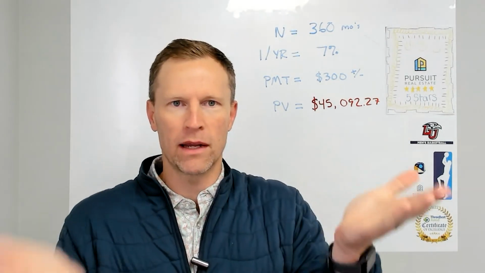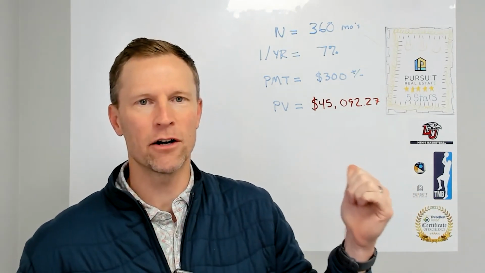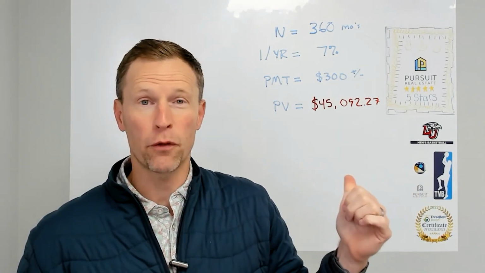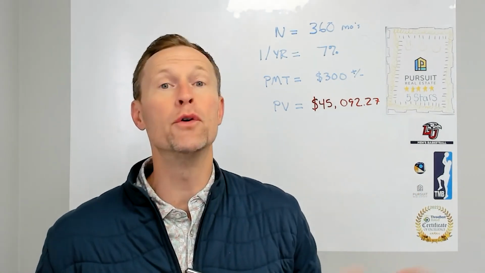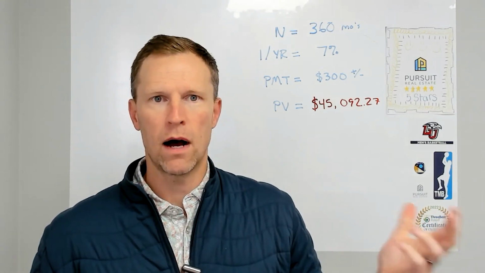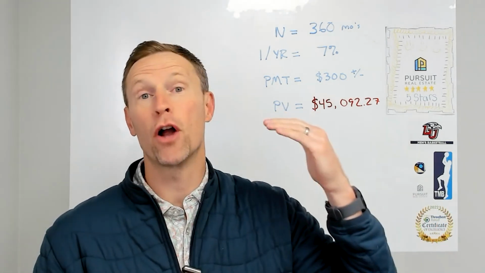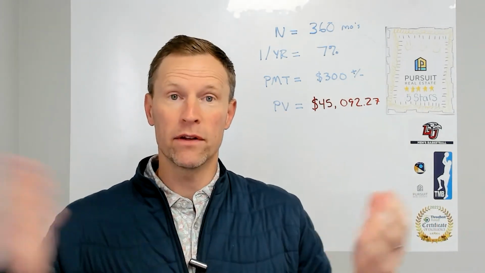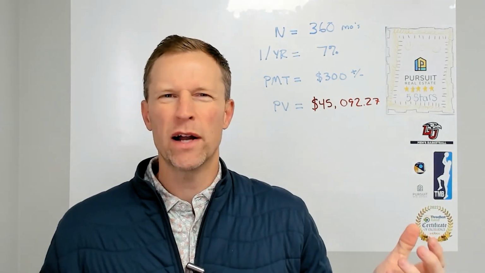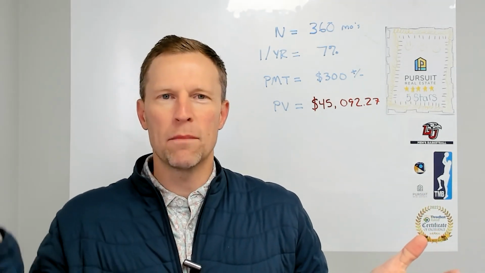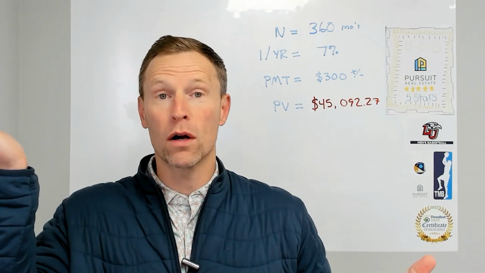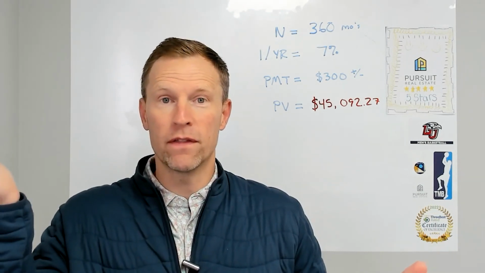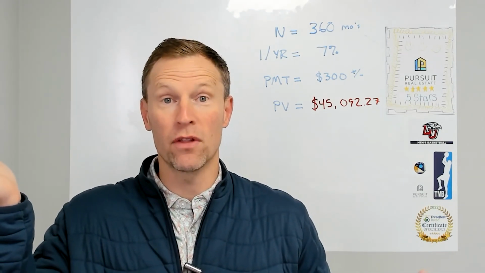And so here's how that would work out. Making apples to apples, in this scenario, let's say I'm considering a condo with a $300 monthly payment, or even two different condos. One of them, option A, has a payment that's $300 more. And I'm looking at this other condo B, trying to determine how much more I should be willing to pay for condo B, given that the monthly payment is $300 less.